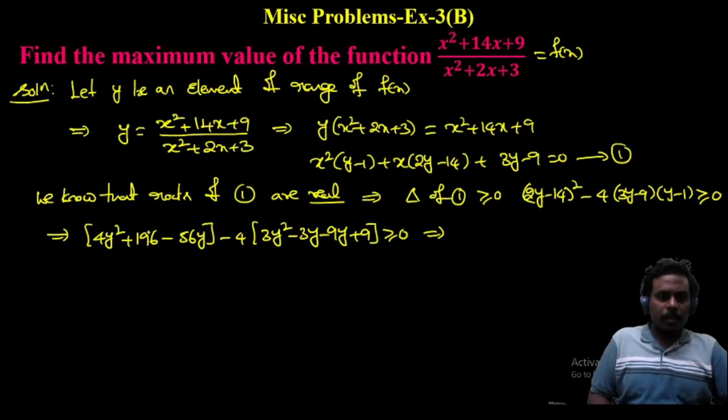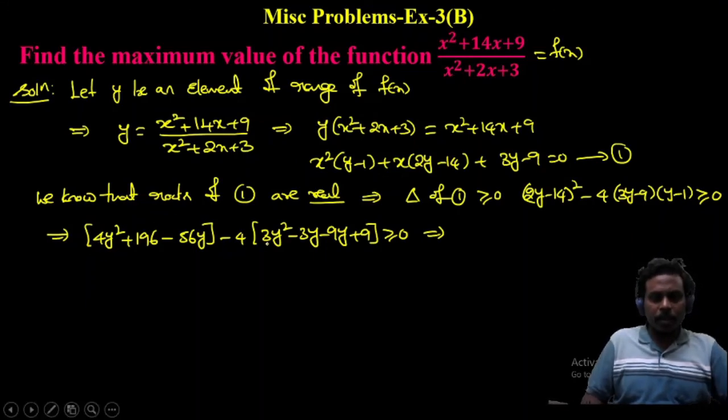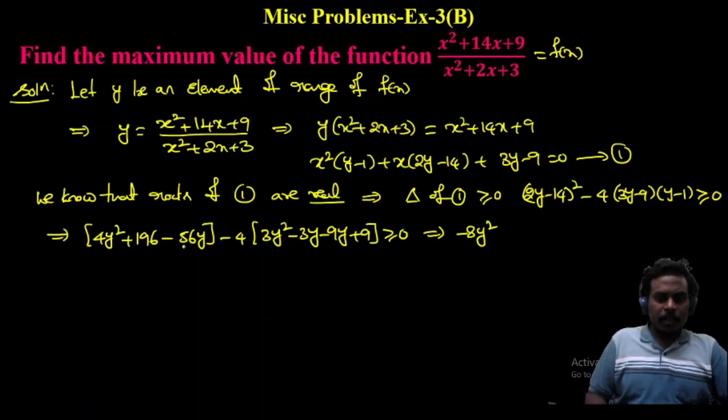Upon further simplification, it is 4y square minus 12y square. So 4 minus 12 is minus 8y square. Then it is minus 56y. Here it is minus 3 minus 9, which is minus 12, minus of minus is plus, so 12 into 4 is 48.